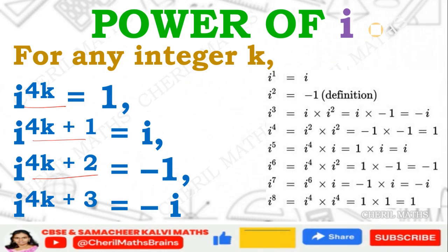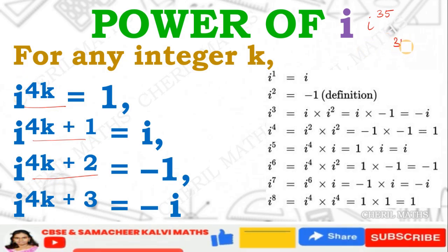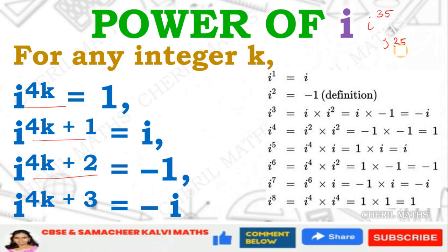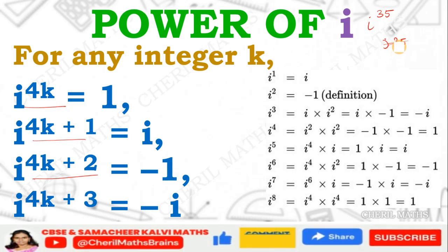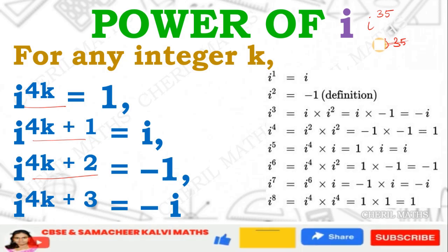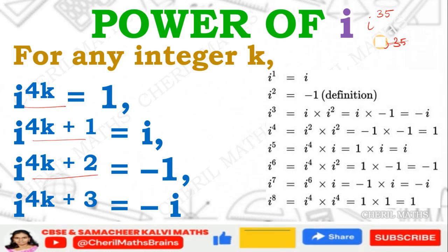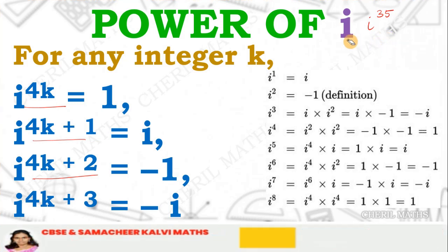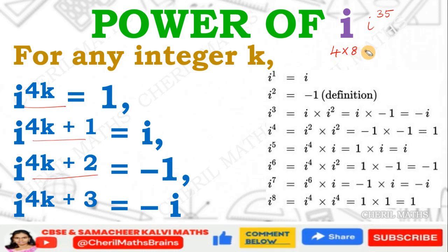So if we are going to take i power 35, we will bring it down to a multiple of 4. The nearest multiple of 4 is 32, since 4 into 8 is 32, and then plus 3 will be 35.